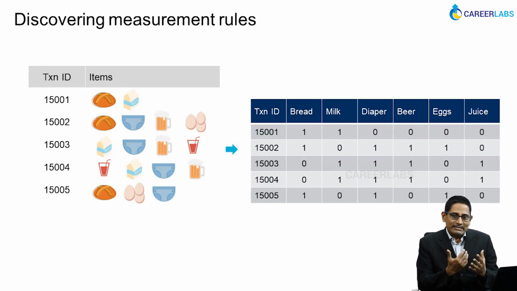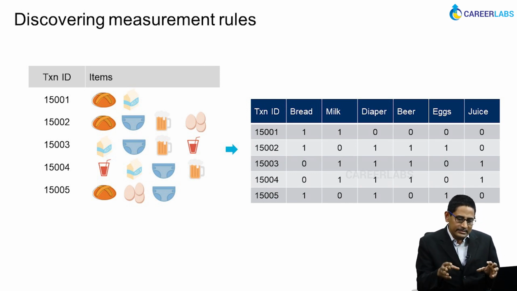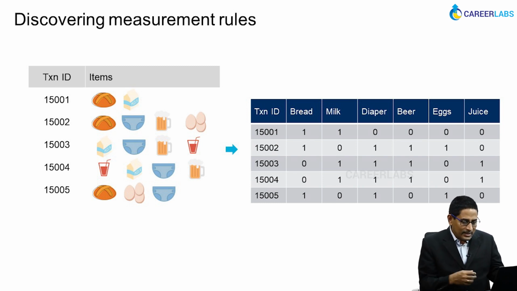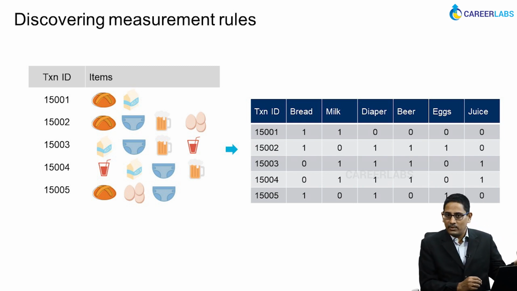When we look at discovering the measurement rules, the way we have to get on is, first of all, we have to convert this point of sale transaction to a binary matrix format. Unless and until we convert that, we'll not be able to have a data representation that can be analyzed. So in this case, you have seen a transaction ID, a point of sale transaction list of 5 transactions that we have captured. Now, how do we convert that to a binary matrix format?